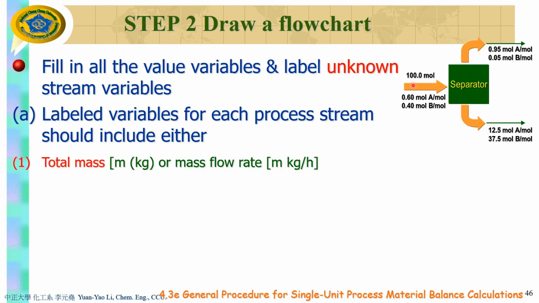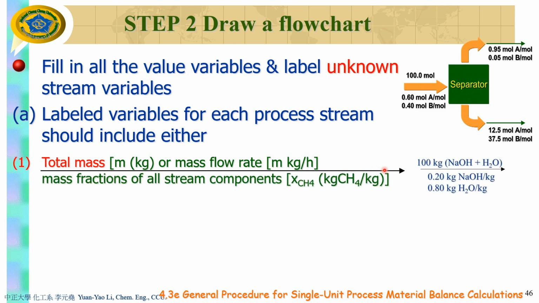And then at the bottom of this arrow, you have the fraction. For example, 100 kilograms of NaOH plus H2O, and you have fractions 20% NaOH, 80% H2O. This is one way to address this information.